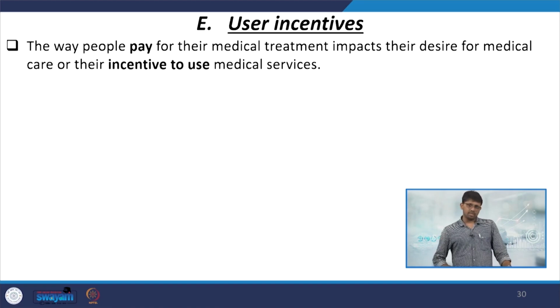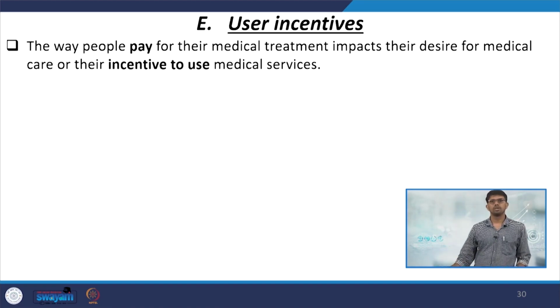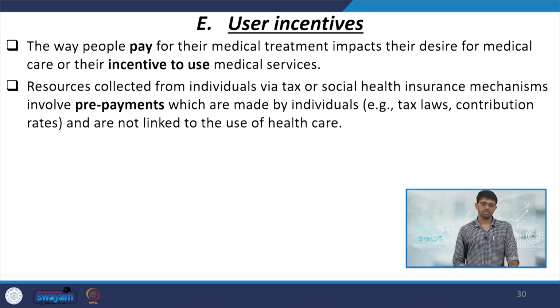So, to have a better system, user incentive is a must. Without user incentives, the efficiency is lost somewhere. The way people pay for their medical treatment impacts their desire for medical care, or their incentive to use medical services.